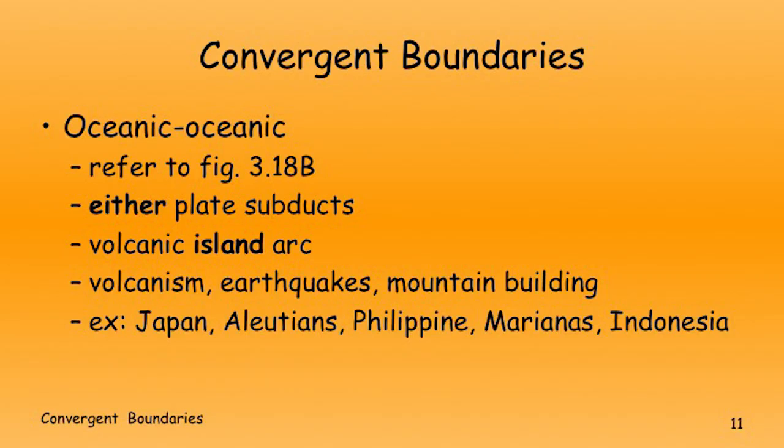You have earthquakes too, because the subduction process is going to be similar to what we have with oceanic continental convergence. Again, it's a jerky process. The plates kind of stick together, and then they release one earthquake at a time. And some mountain building, on that plate that is staying on top where the volcanoes form.